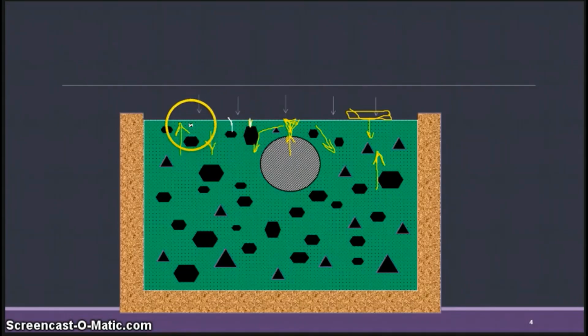So we get a crack which is perpendicular to the surface of the concrete, like this. So the concrete here undergoes the cracking.